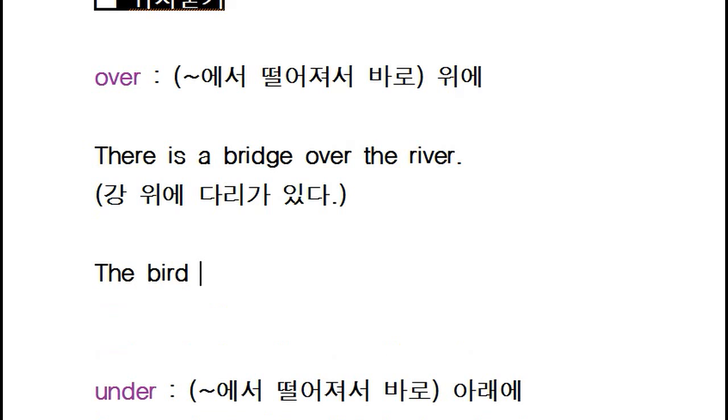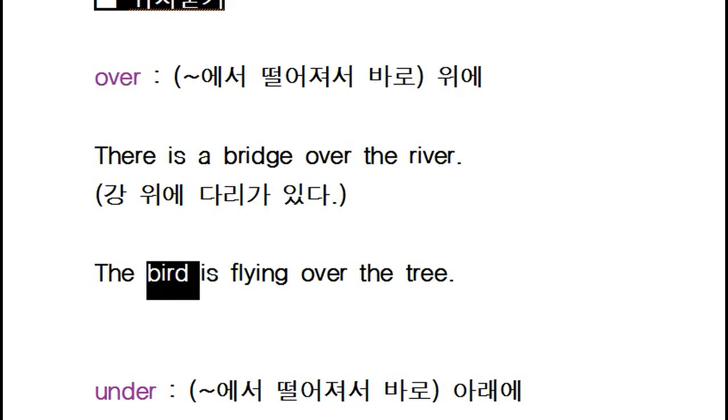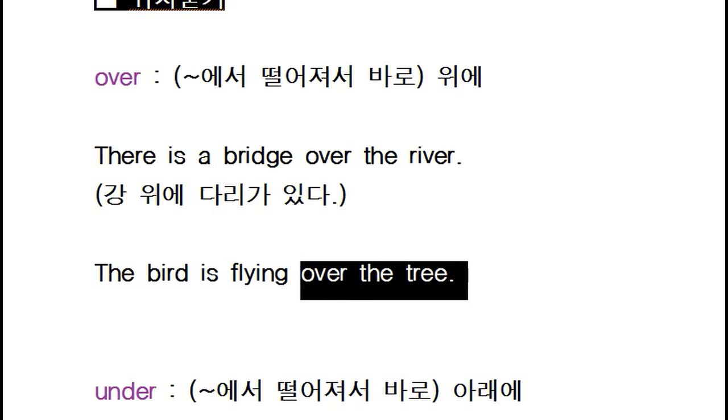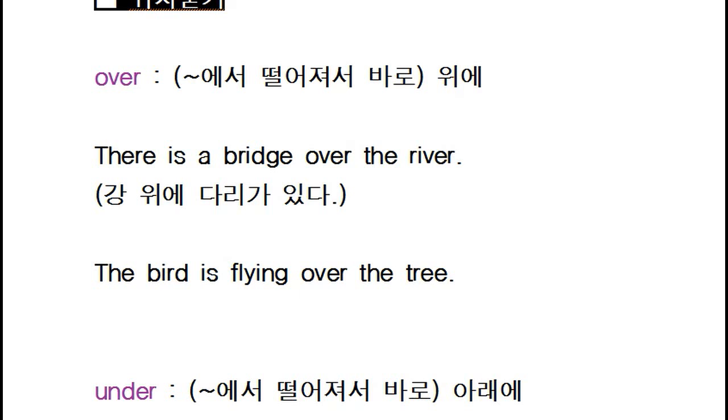The bird is flying. Flying what? Oh, you should use is. The bird is flying over the tree. Do you understand, students? The bird, what is bird? Right, flying over the tree. Understood? So it is above the tree.